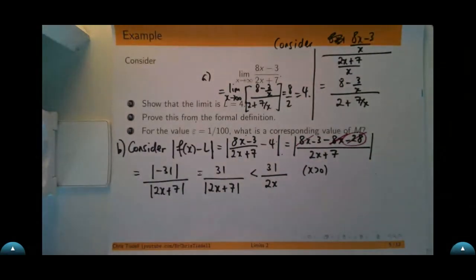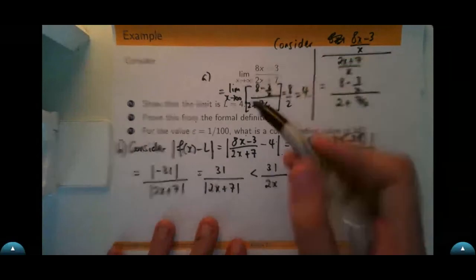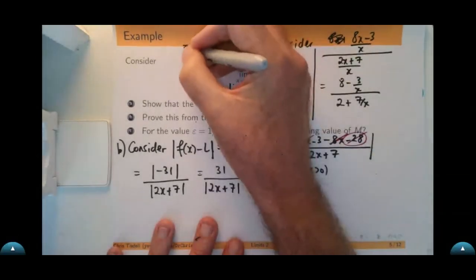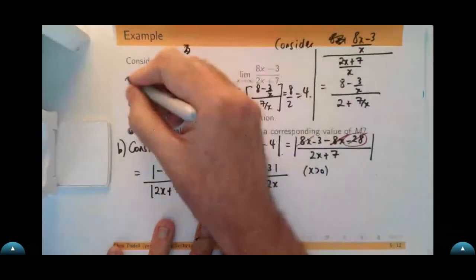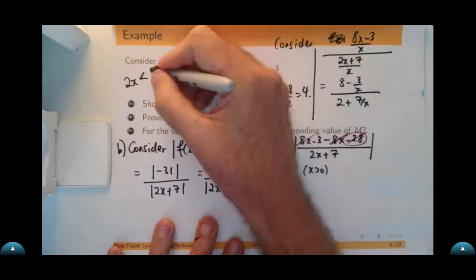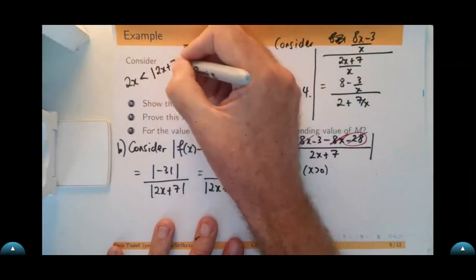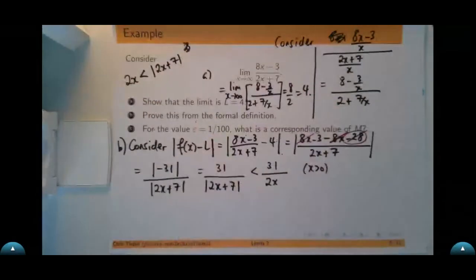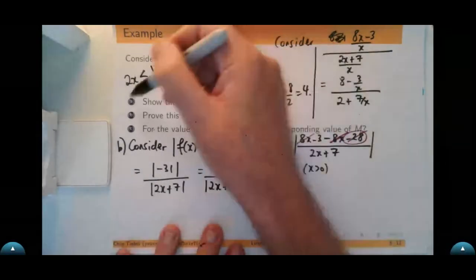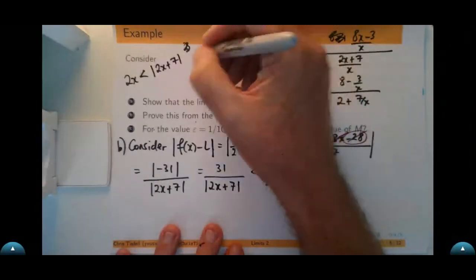Now here I'm going to make the assumption that x is positive. So this is like an inequality here, and you can say 2x is less than that. And when you divide, you can reverse the inequalities.